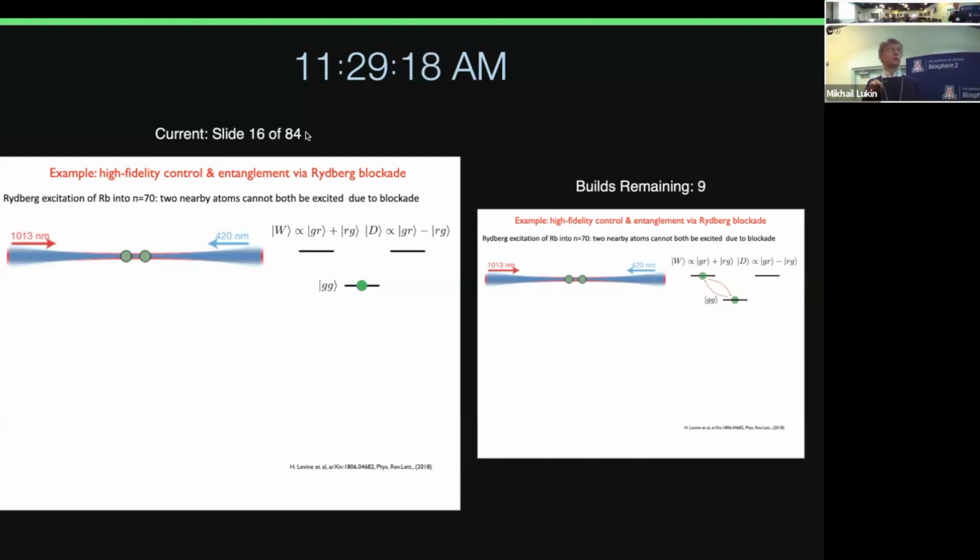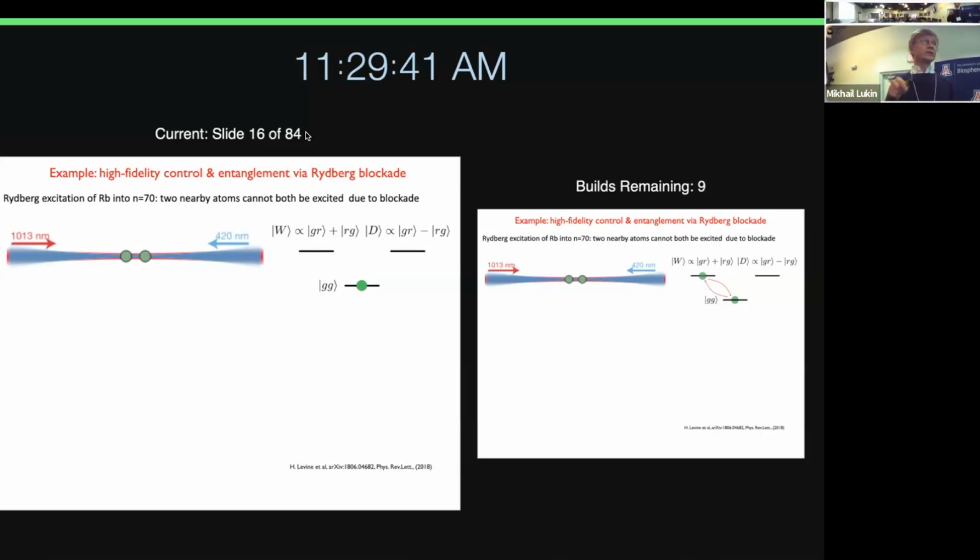In order to do it, you need to use two colors of light. In this case, it will be a blue light exciting atoms into a P state, and then eventually using infrared light exciting the atoms into a Rydberg state.